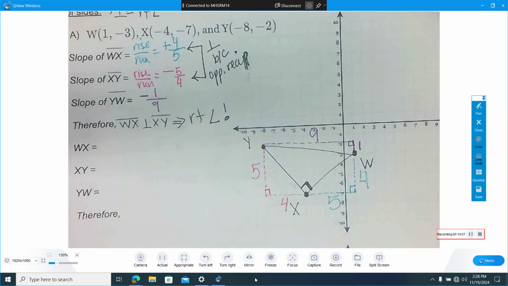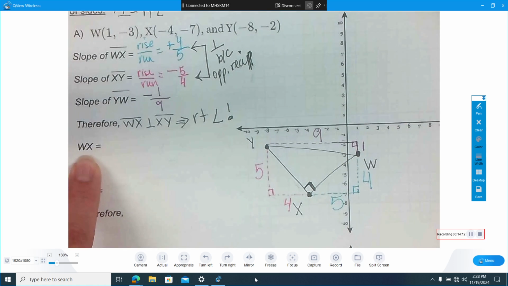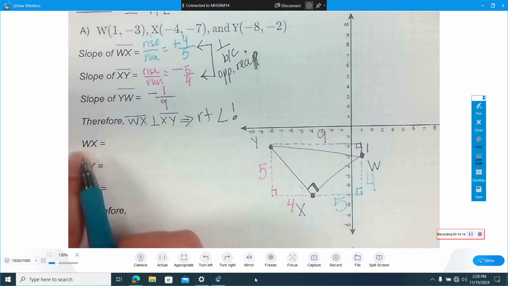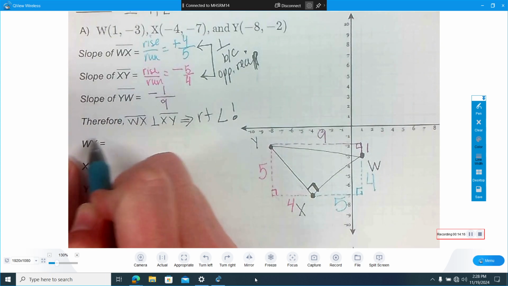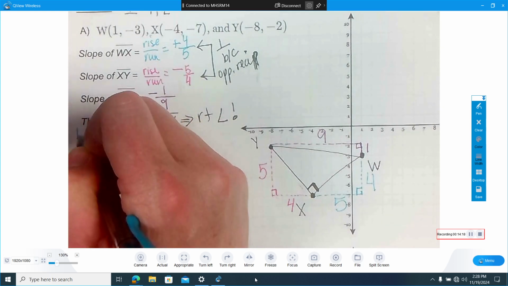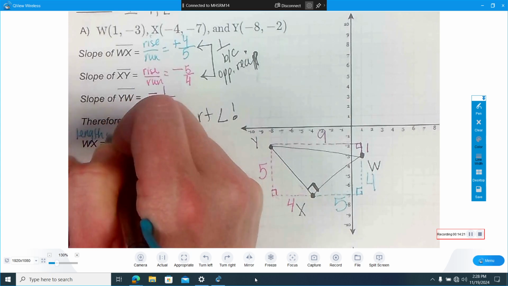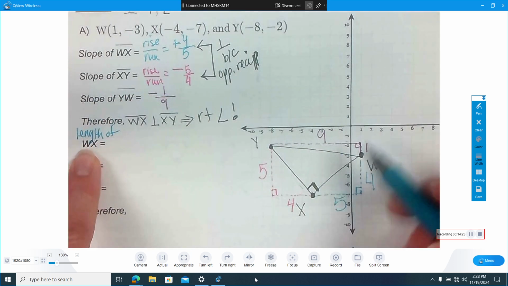Now, as was said, we also need to find the side lengths, and that's what this means here. The WX, it doesn't have a segment above it, and when that's missing, it means find the length of segment WX.